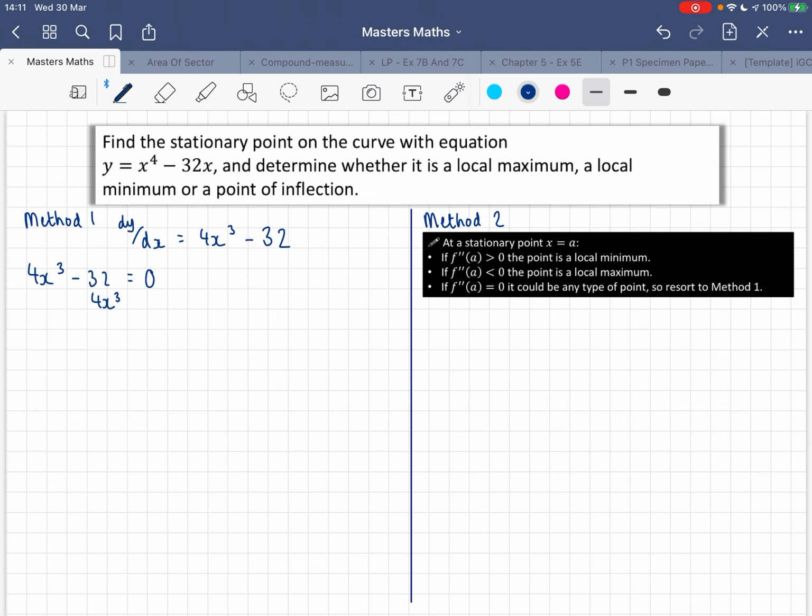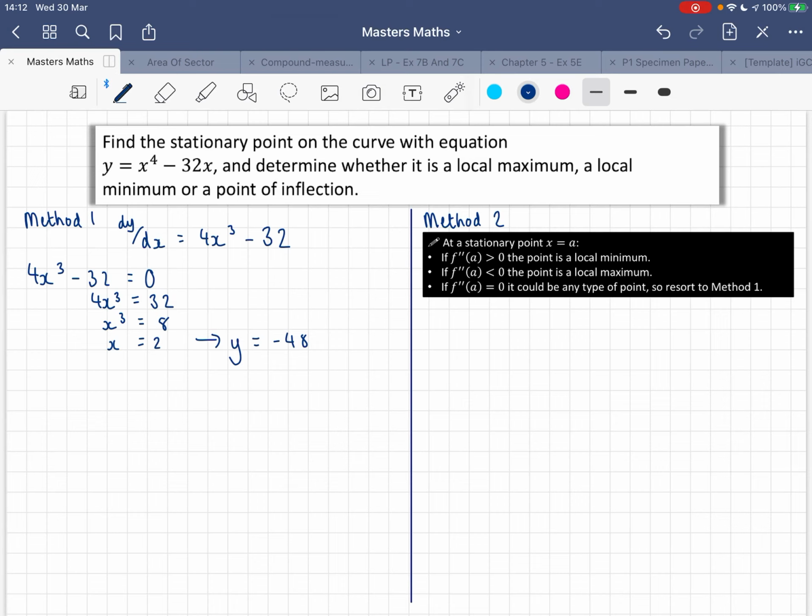So 4x cubed is equal to 32. Divide that by 4 is 8, so x is 2. That's my x value. For the corresponding y value, I'm going to substitute 2 into x to the power of 4 minus 32x. You know how to do that. I'm just going to tell you the value that I get is negative 48. So my stationary point is at (2, -48).